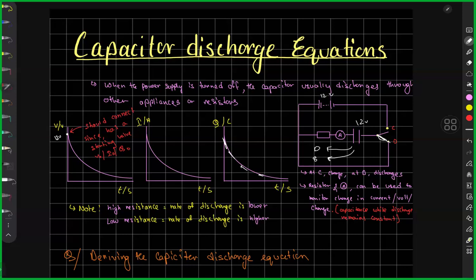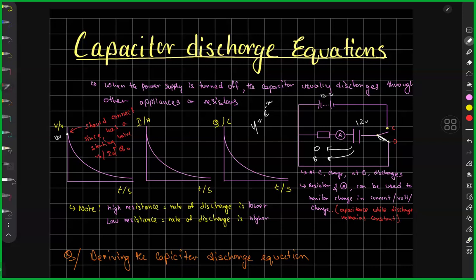Okay, got it? So what is happening over here? We have looked at three variables, three different functions: charge versus time, voltage versus time, current versus time. Okay, and all of these, what we found is a typical y equals e to the power minus x curve, all of them with decreasing gradient as time proceeds.